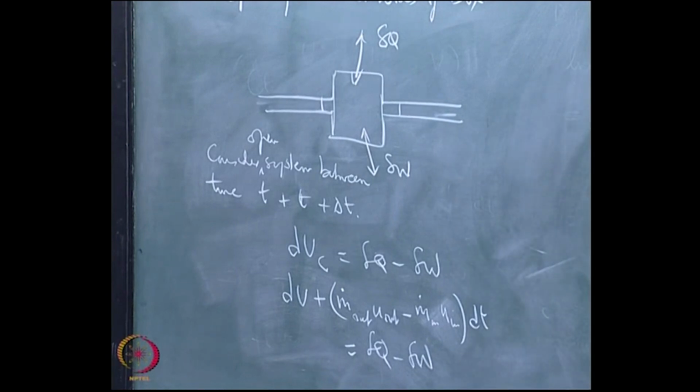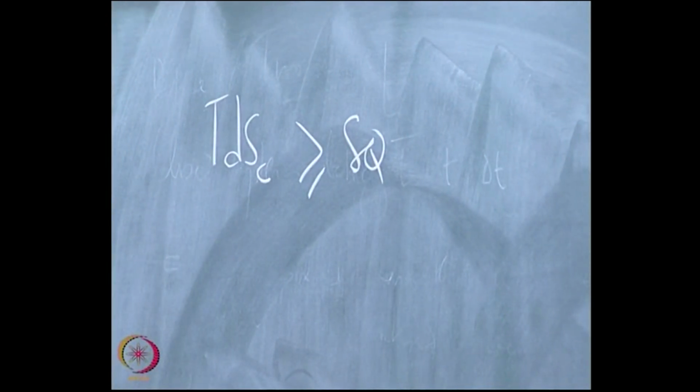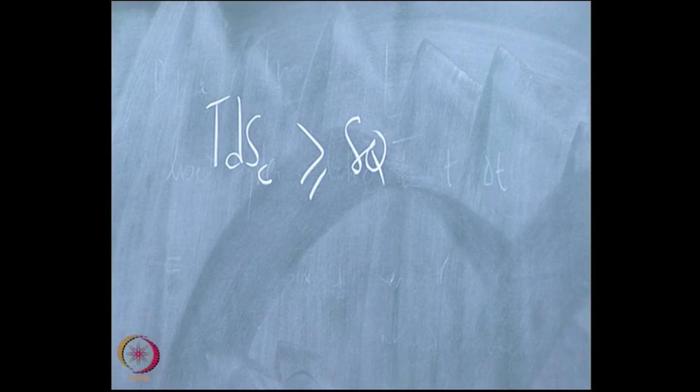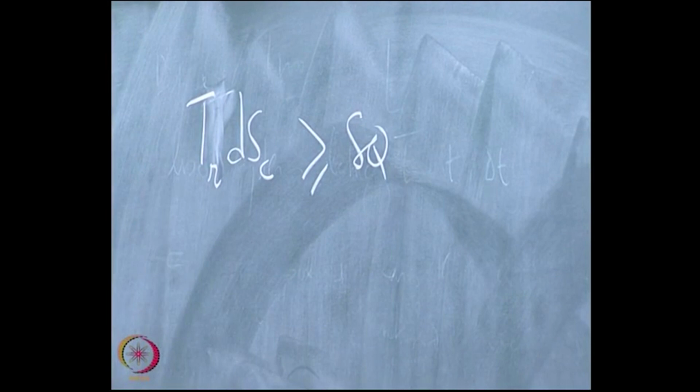Now I also have the second law, which tells me that T dS for a closed system is greater than or equal to delta Q. You must realize that the second law really tells you that T reservoir, or surroundings, times dS for a closed system.